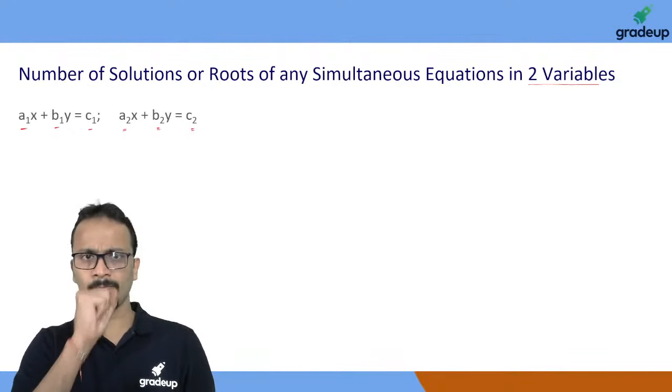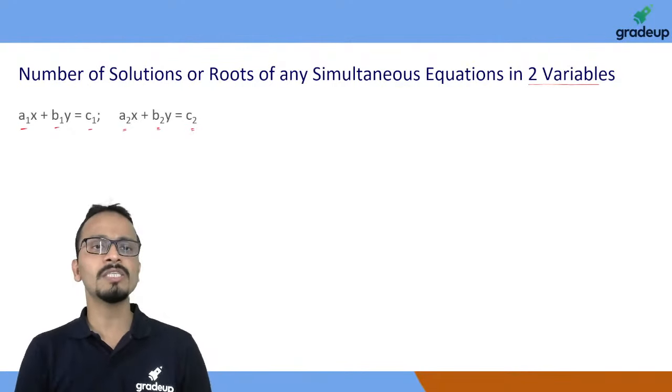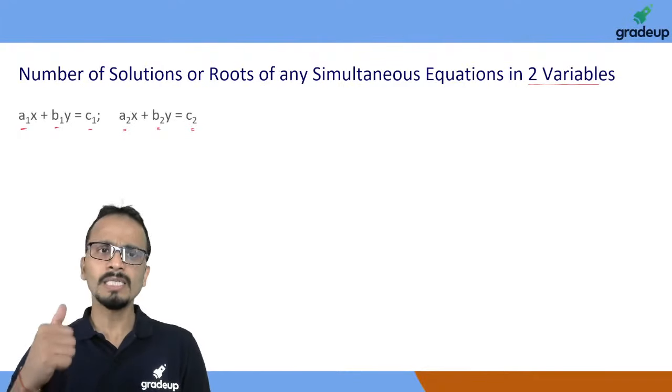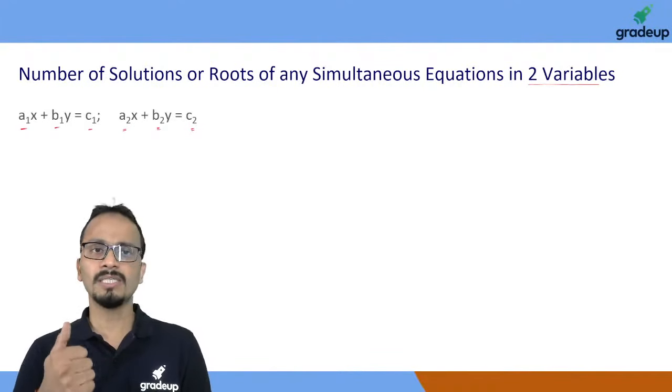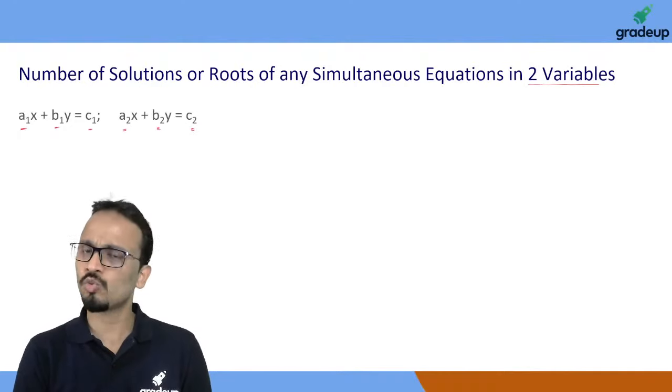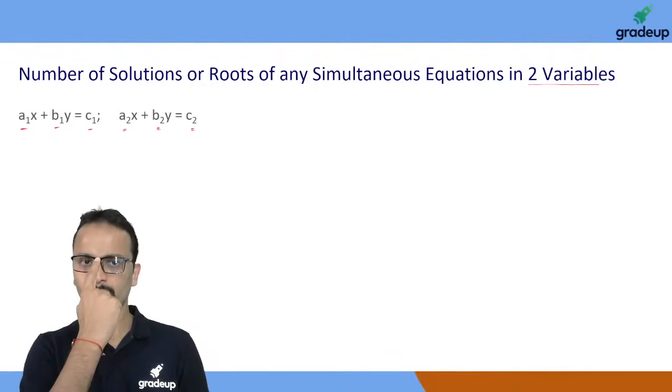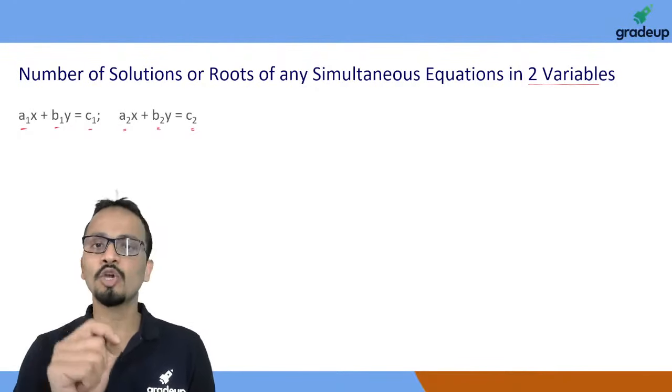Now if we are solving these two equations simultaneously, the number of solutions that these two equations will have will depend upon the ratio of these coefficients.